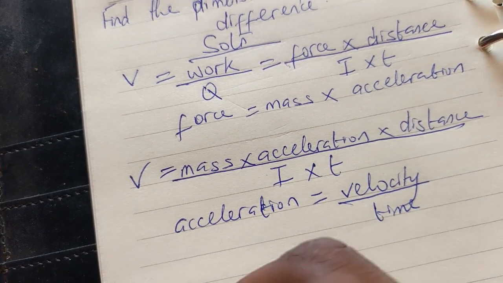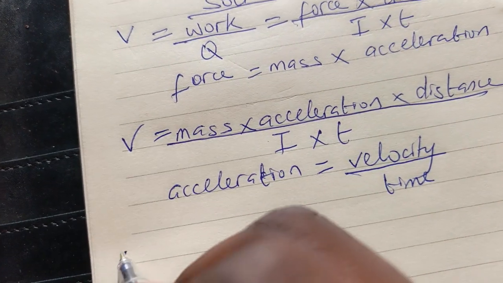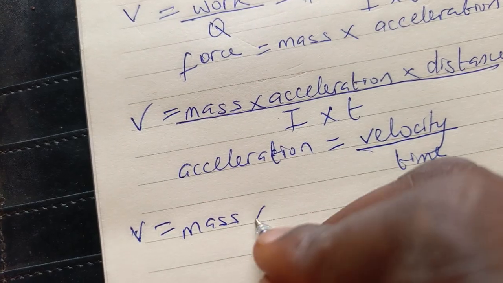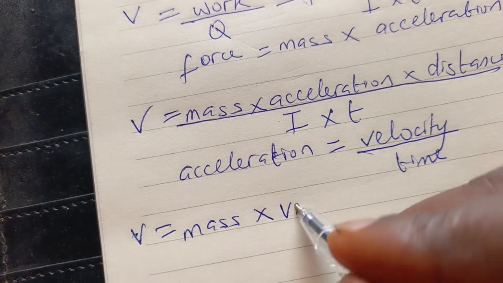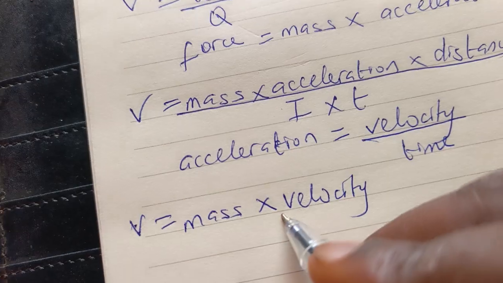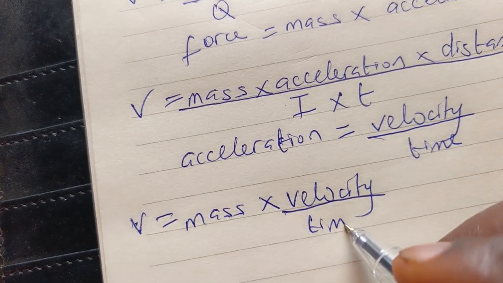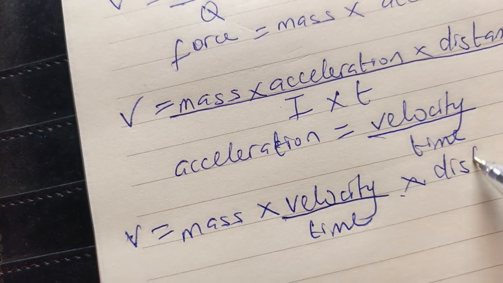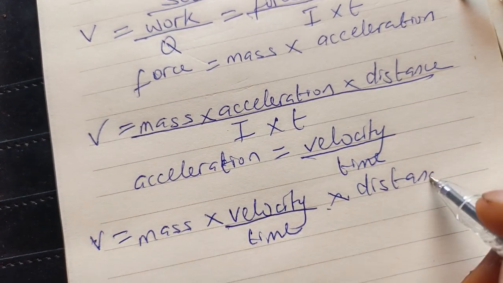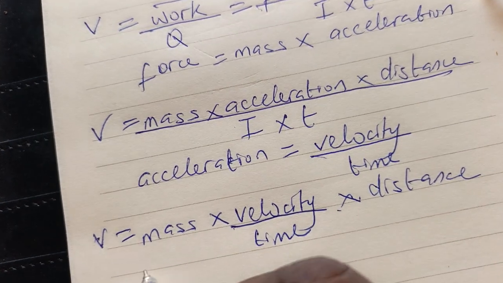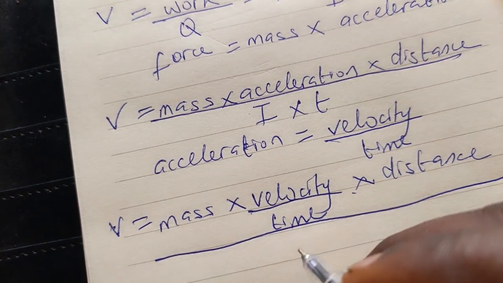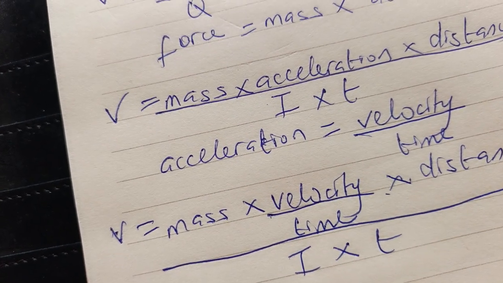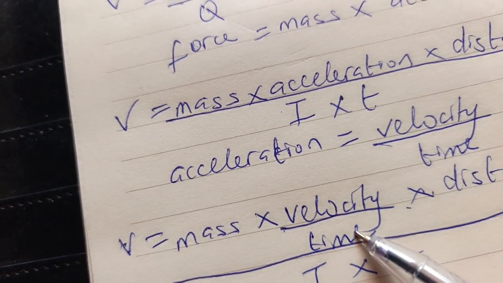So putting it here, we now see that potential difference will now give us mass times velocity over time times distance divided by current times time.